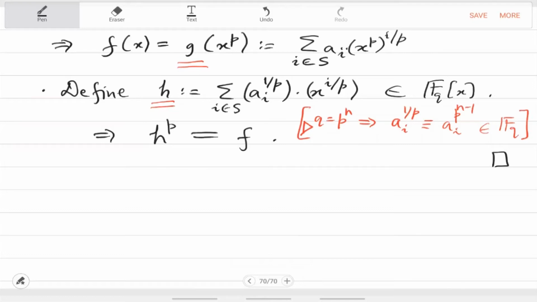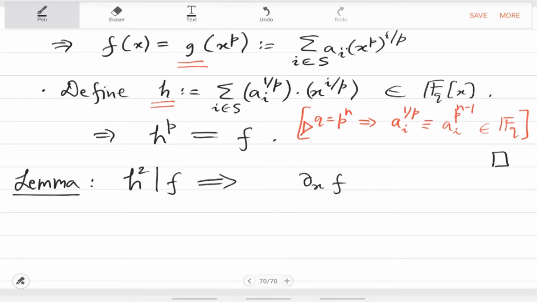Let's look at the effect of squarefulness next. So say h square divides f. Okay, f is squareful. Then what can you say about the derivative? I want to make a statement about the derivative. If h square divides f, h will divide the derivative.